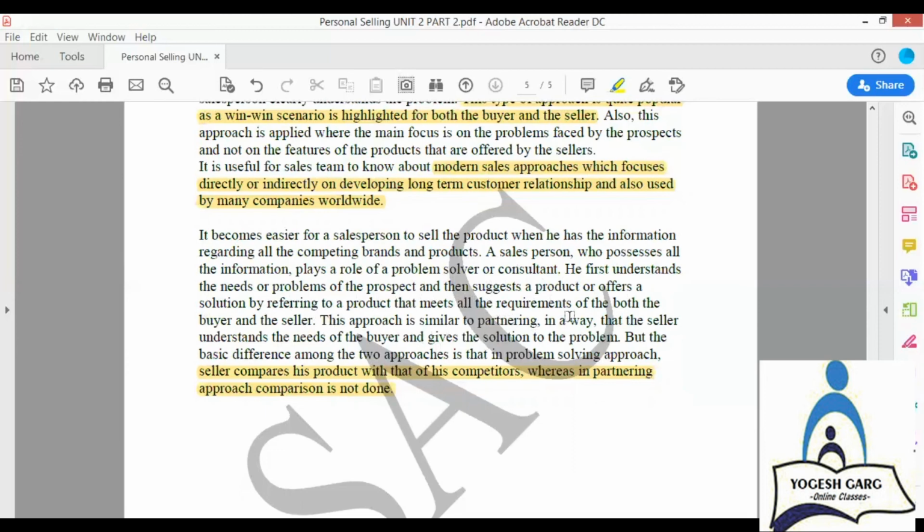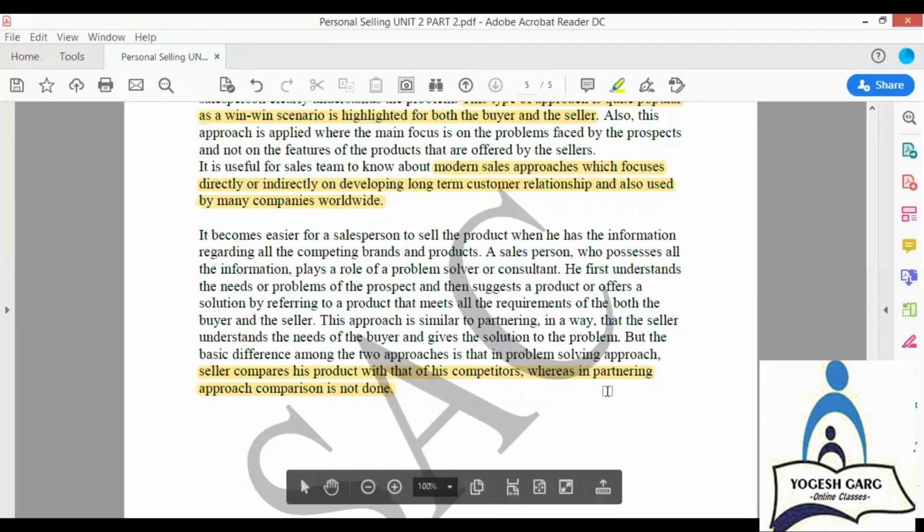This approach is similar to partnering in a way that the seller understands the needs of the buyer and gives the solution to the problem. But the basic difference, as I was telling, is that in the consultative approach, the seller compares his product with that of his competitors. But in partnering, no comparison is done.